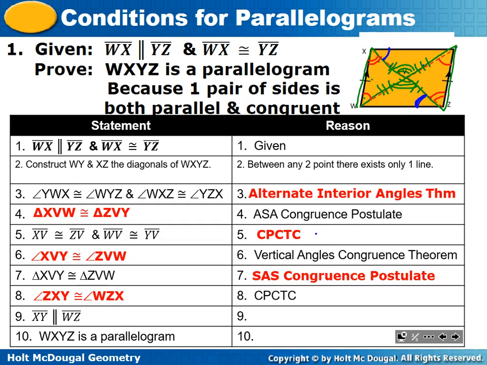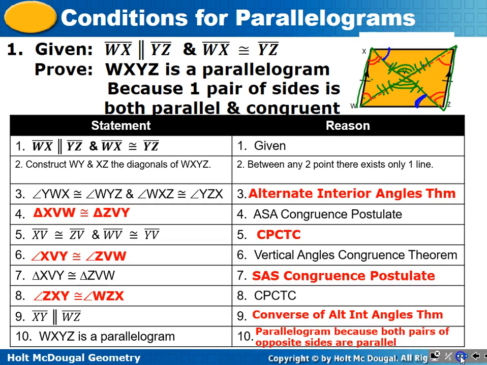Y'all notice those are at the end of the 2 tick sides. So then we would say that XY is parallel to WZ because of the converse of the alternate interior angles theorem. And WXYZ would be a parallelogram because both pairs of opposite sides are parallel.